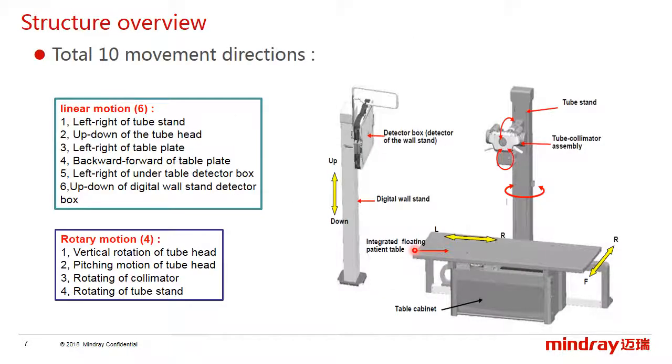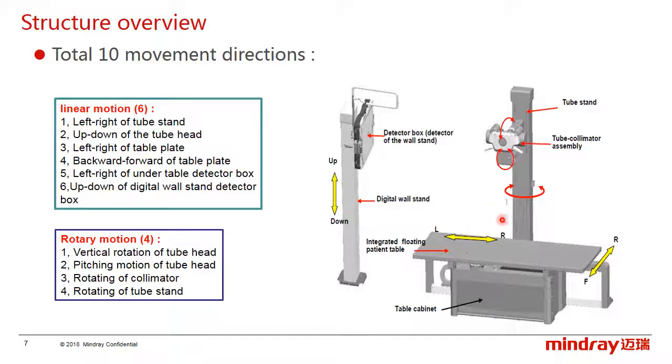The following is about the movement. As we said before, DigiEye280 is a full manual system, and it includes 6 linear motions and 4 rotary motions. For linear motion, first, left to right of the tube stand. Second, up and down of the tube head.